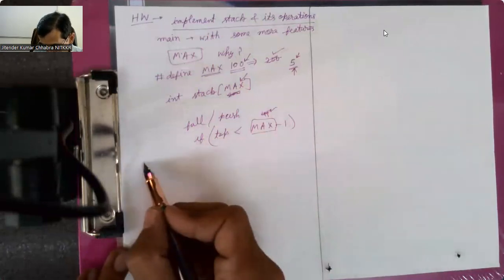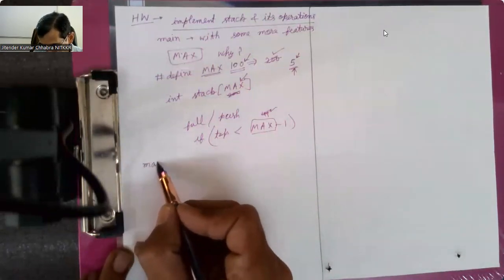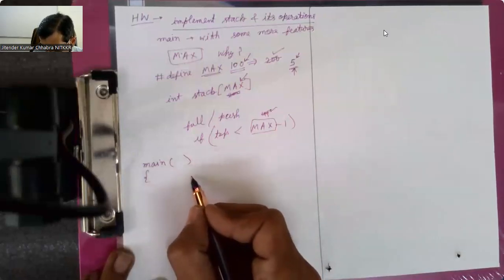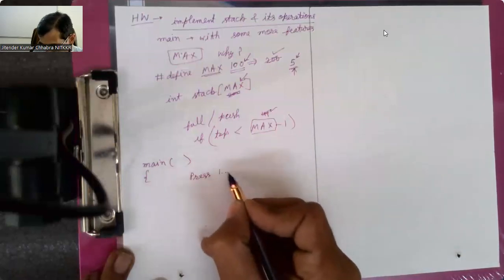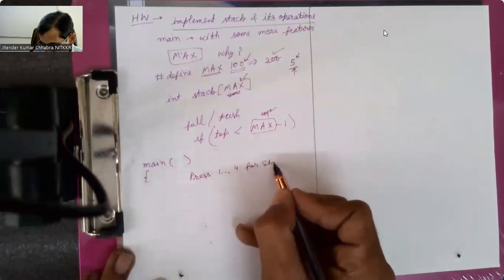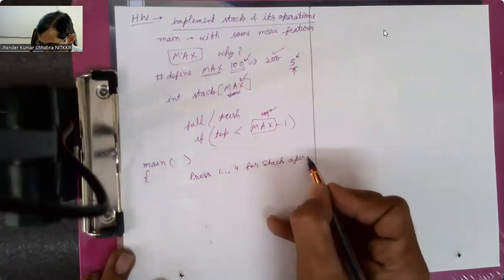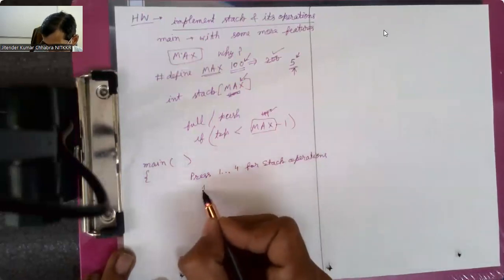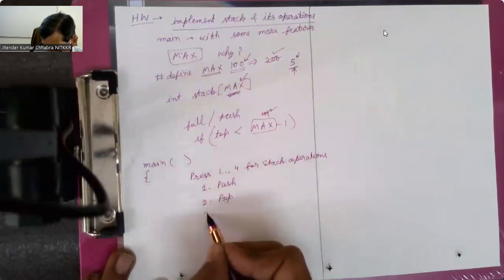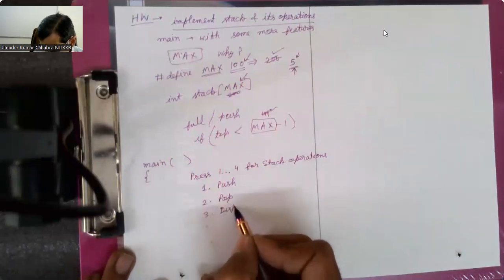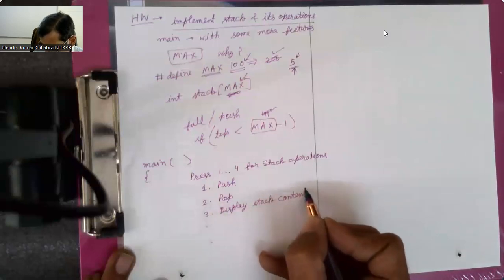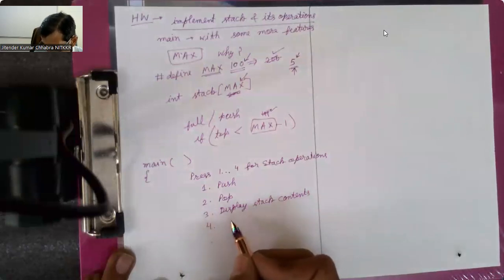Now coming to how to make your main. What I want is, in main, you should give choices. You should ask the user to press 1, 2, 3 or 4 for operations. I want you to implement: give 1 for push, give 2 for pop, press 3 to display the whole stack, so that I can verify whether my stack is growing or shrinking correctly or not.